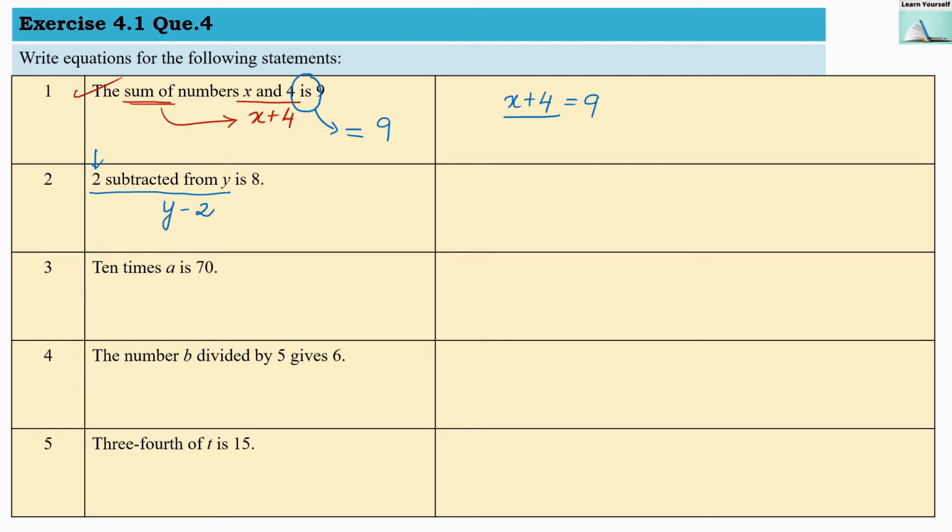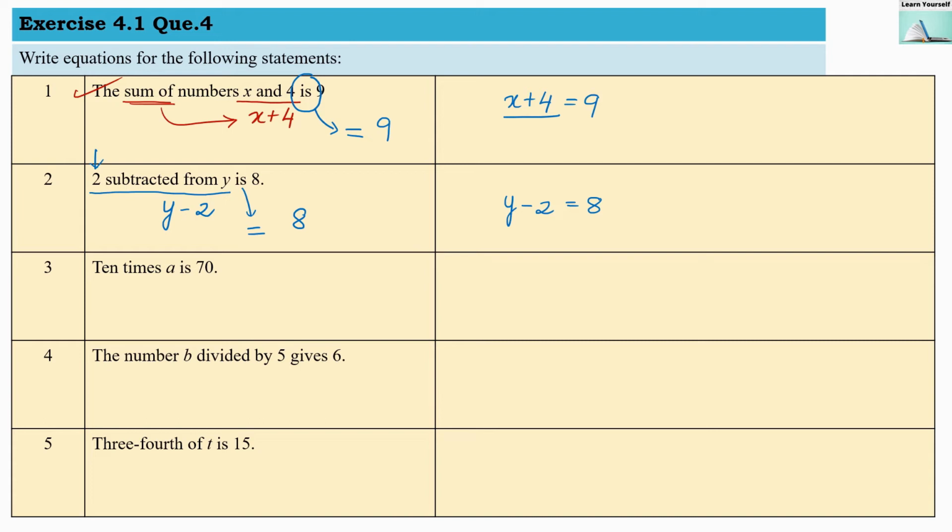Is means equals to 8. When we subtract 2 from y, we get 8 as an answer. So y minus 2 equals 8. What you have to understand is that 2 is being subtracted from y, not y from 2. Accordingly you have to frame your equation.